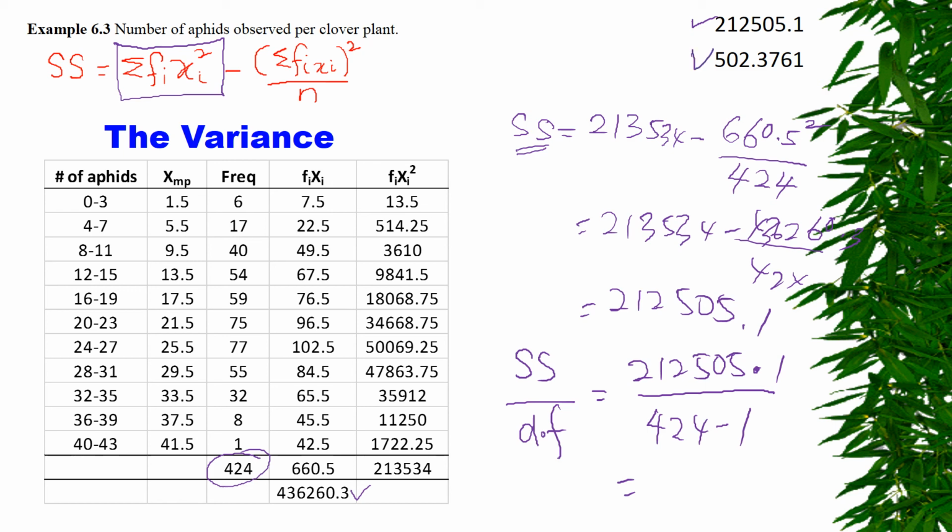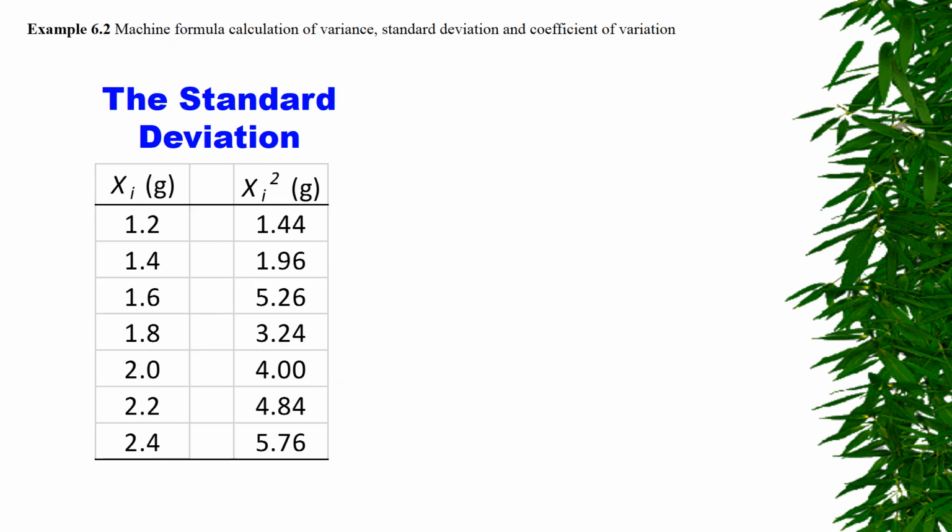This will be the variance. So this is the sum of square for the sample, and this is really the variance for the sample. I hope by now you already understand how to calculate the variance based on the data, either grouped or ungrouped.